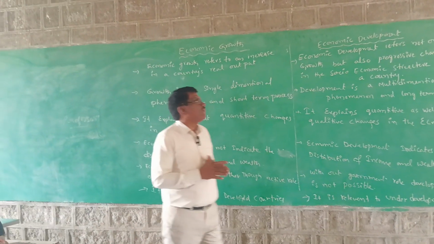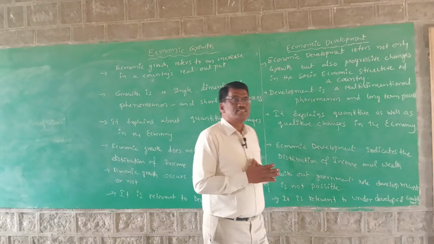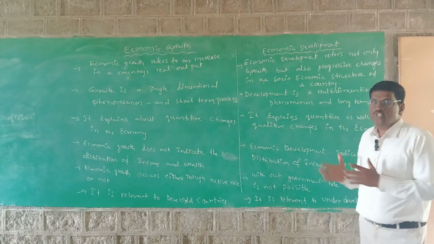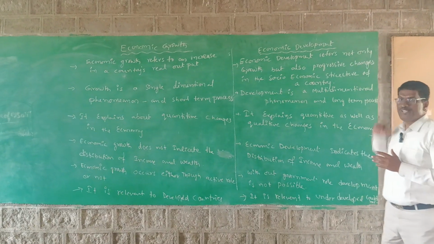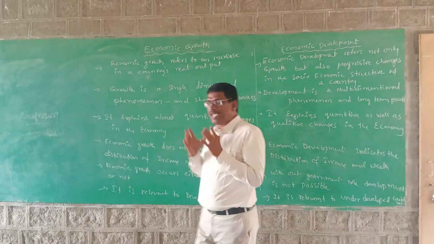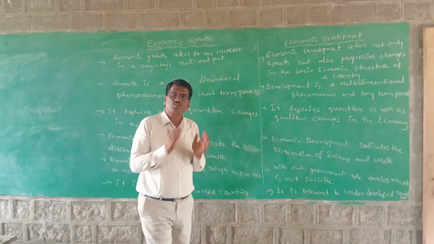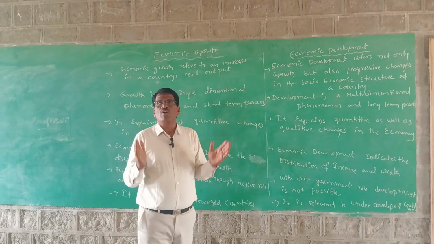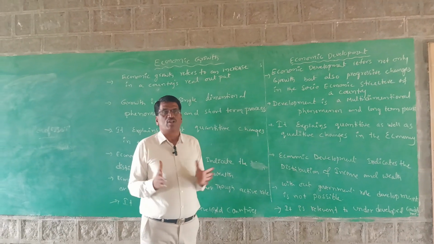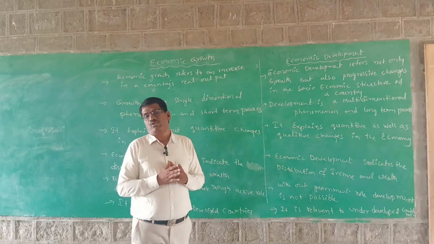And economic development refers to not only growth but also changes in the socio-economic structure of that country. There is a lot of difference. Economic growth means only growth, an increase in the total output of that country. When countries increase their total output, that is called economic growth.